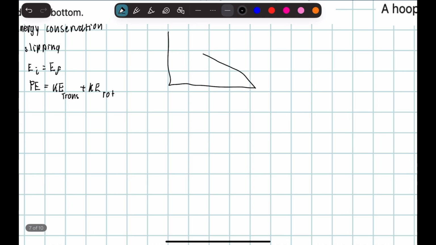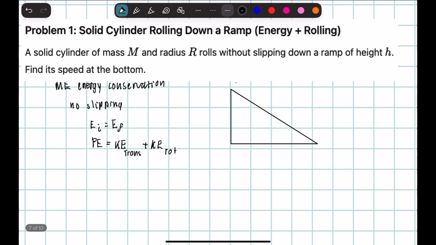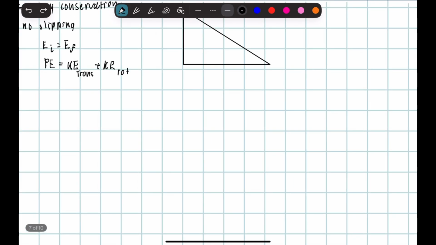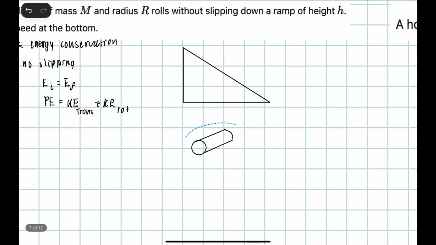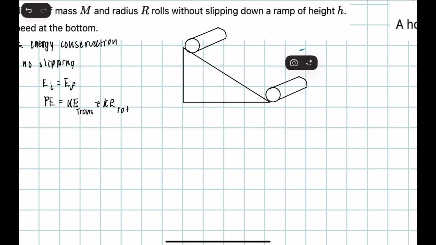Imagine you have your ramp up here, and the cylinder of mass m, so let's actually draw a cylinder up here. That's your cylinder, up here and down here.